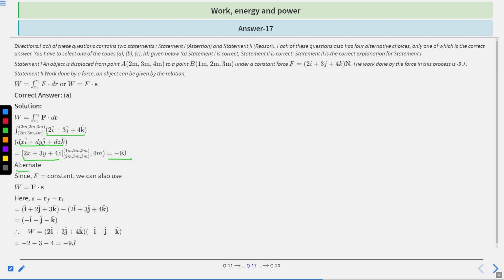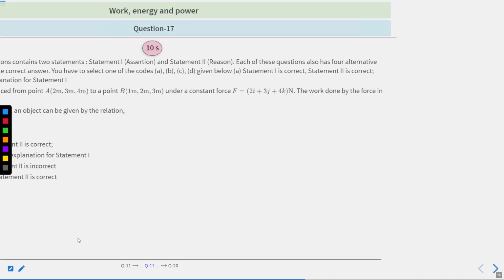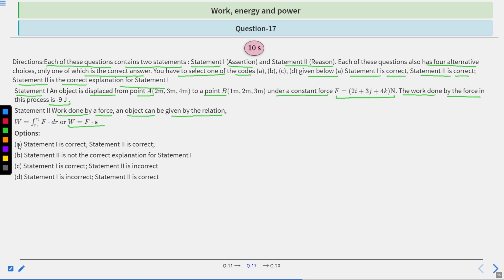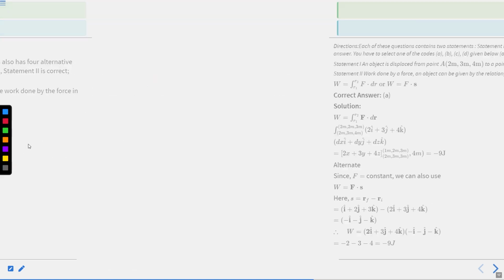And by the alternate method, since F equal to constant, we can also use W equal to F dot S. Clear? So S is the final displacement, final position minus initial position. Clear? So this is the final and this is the initial. Solving this term, you will get minus I cap minus J cap minus K cap, where W equal to F dot S, and putting all the given terms, you will get minus 9 joule. Clear? So the correct answer is A. A is correct. Clear? Next question.